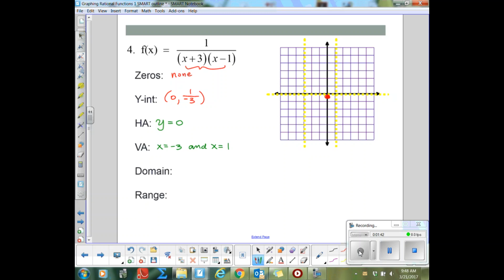And we'll have to pick some points. We have two vertical asymptotes though, so I'm going to have to pick a point to the right of x equals 1. Plug that in. I'd end up with 1 over 5 times 1, 1/5.